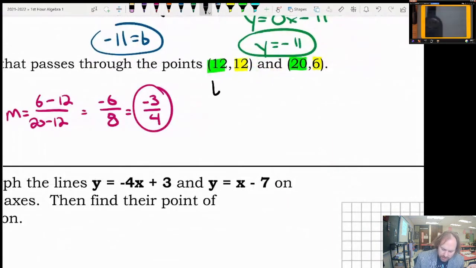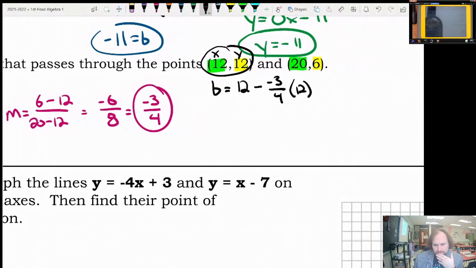Now, you can use b equals y minus m times x, which I think you should do. It does not matter which one of these 2 points you choose, so I'm just going to choose the first one. So b is equal to y minus m times x. That doesn't look very nice, but that's pretty simple. Actually, we can let the calculator handle this work anyway.